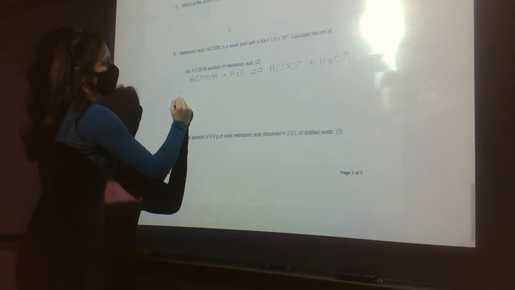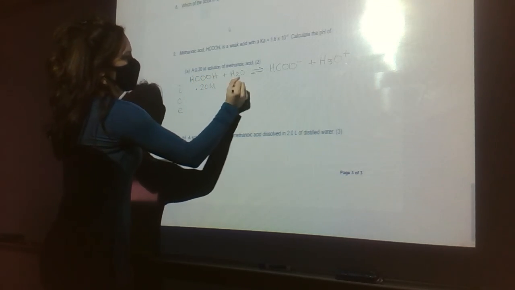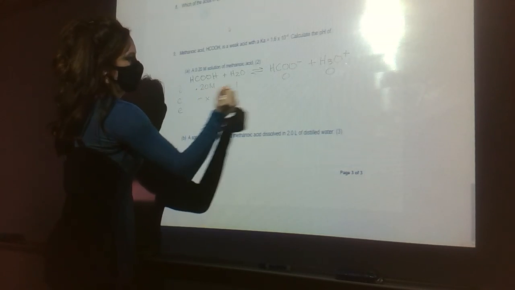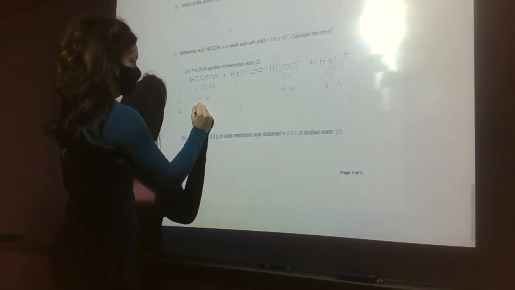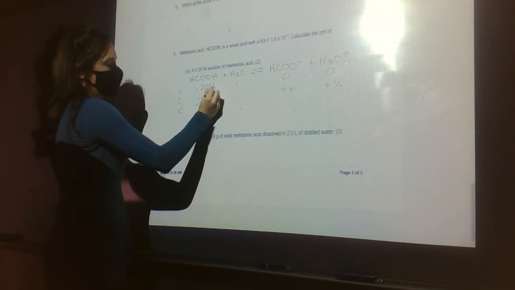So you have to deal with them in terms of equilibrium. Remember, this X is so small that it really doesn't make a difference.